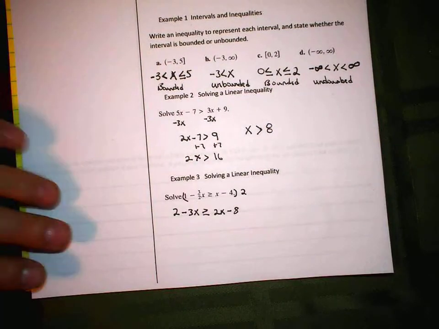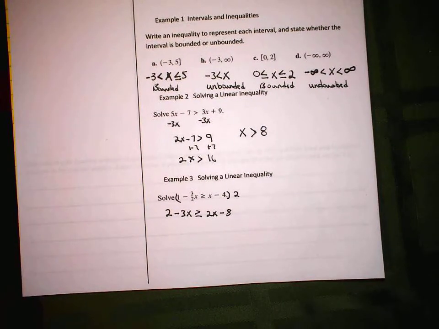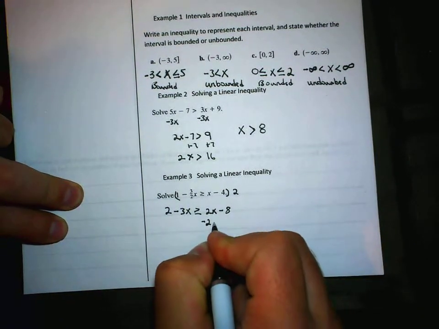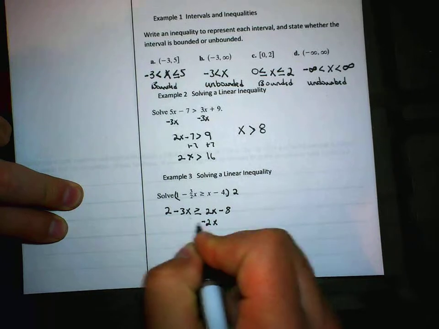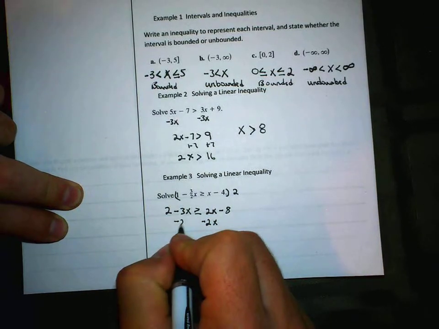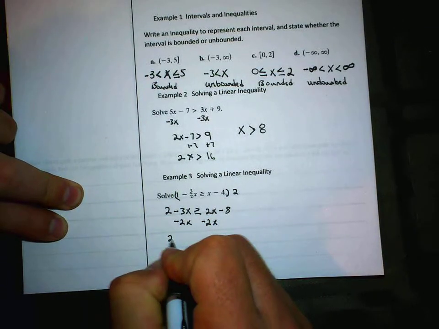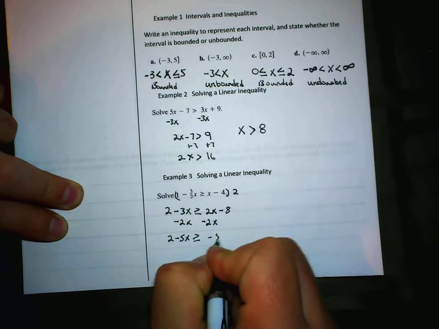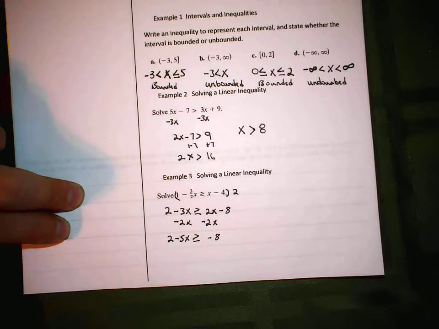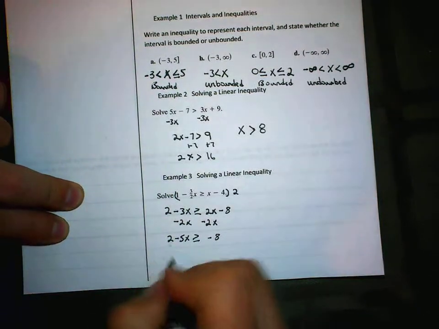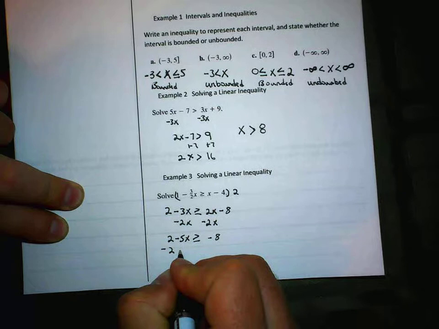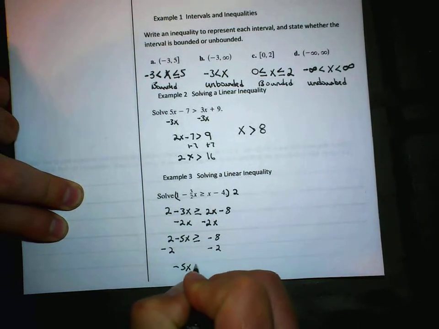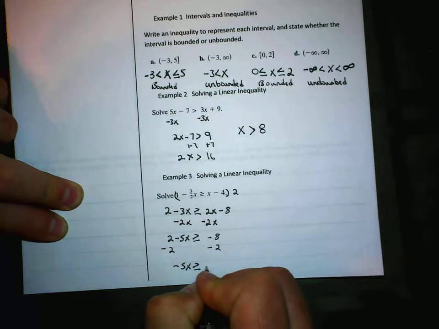Fair enough? Alright, now from here let's go ahead and combine those x's. I'm going to subtract 2x from both sides so that 2 minus 5x has to be greater than or equal to -8. Then I'm going to subtract 2 from both sides, and I should wind up with negative 5x is greater than or equal to negative 10.